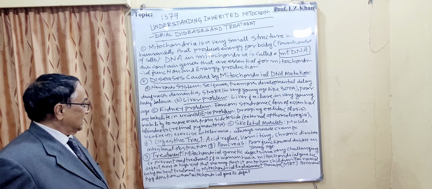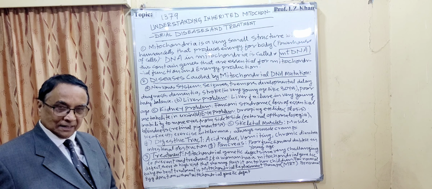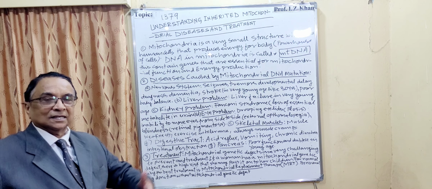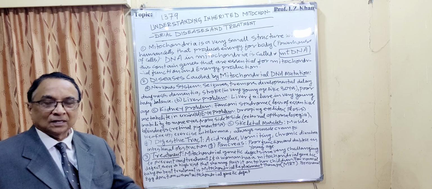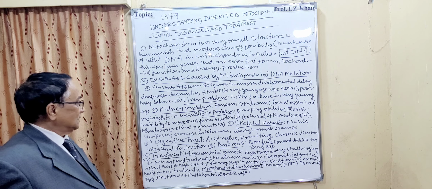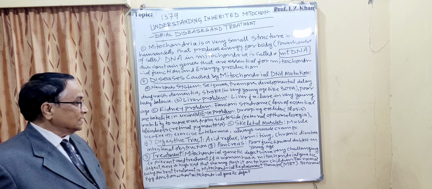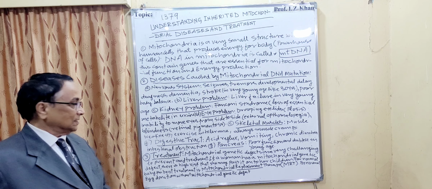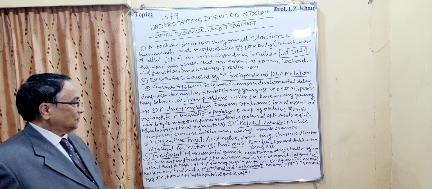Number F, that is digestive tract. That is acid reflux. Always it will look like that. Now they are going to vomit the acid. Always there will be reflux. That is called acid reflux, vomiting, chronic diarrhea, and intestinal obstruction. G, pancreas.